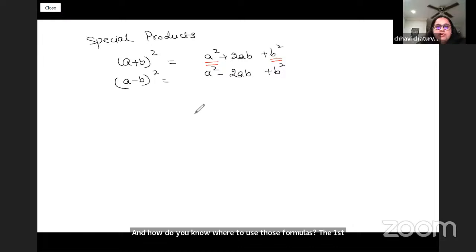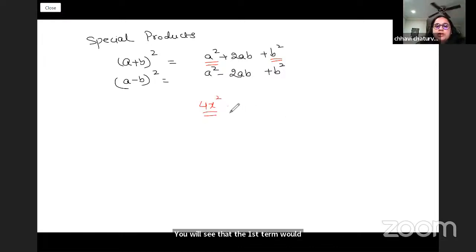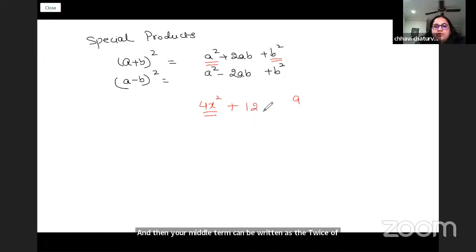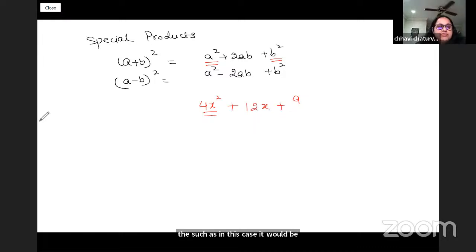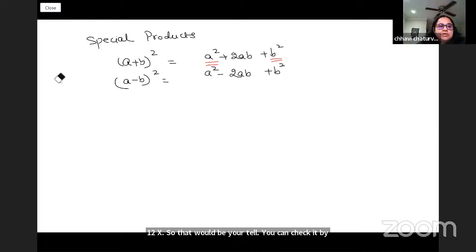You will see that the first term would be a perfect square. The last term would also be a perfect square. And then your middle term can be written as twice a times b, such as in this case, 12x. So that would be your check. You can check it by the first and last term.